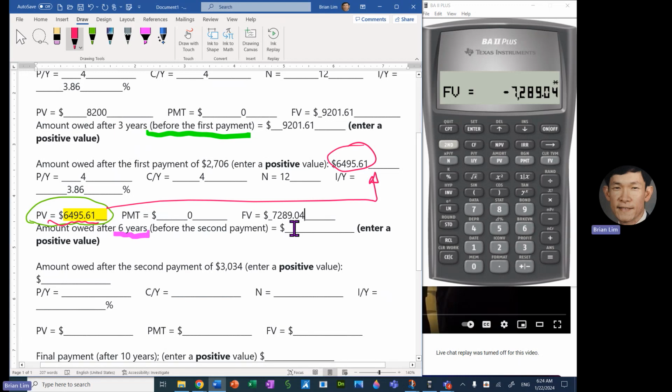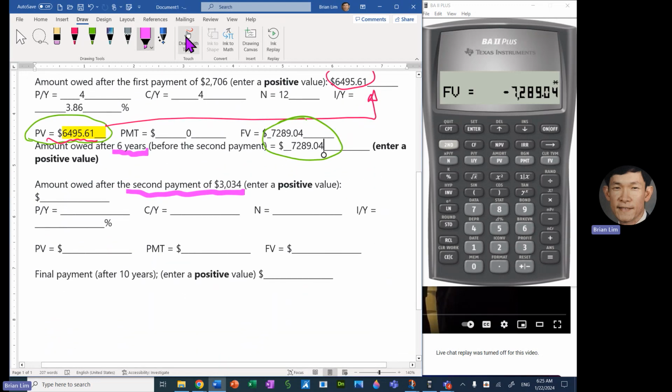So that would be the same number that goes in here, 7289.04. Now I guess it just needed some more space. So you see those two numbers are the same. So now you have another payment, correct? Second payment, 3034. So let's take care of that now.